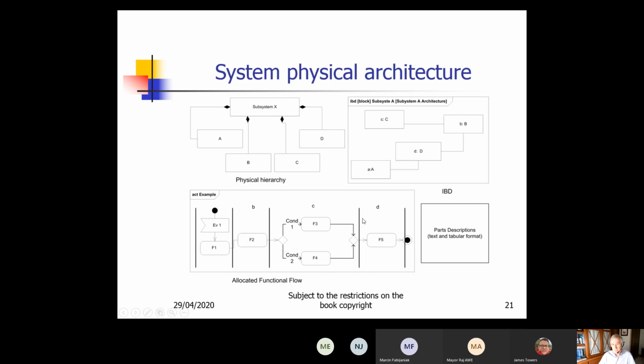We have the swim lane for part B, the swim lane for part C, a swim lane for part A, a swim lane for part D. Also, we describe each part in a textual format.